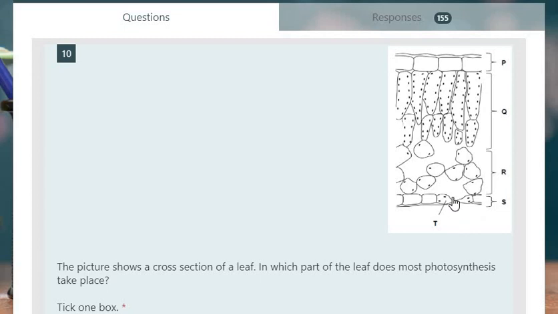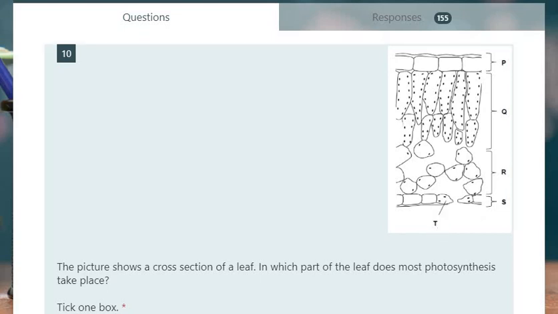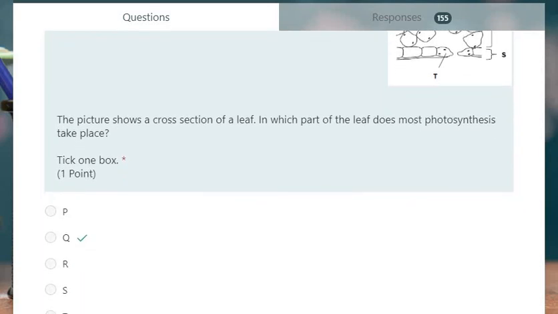So stoma just means hole, but T is pointing at the cells either side of that, which control the opening and closing of the stoma, and those are called guard cells. You can think of them like guardians at the gate into the leaf. They're controlling what can go in and out, so they're guard cells.